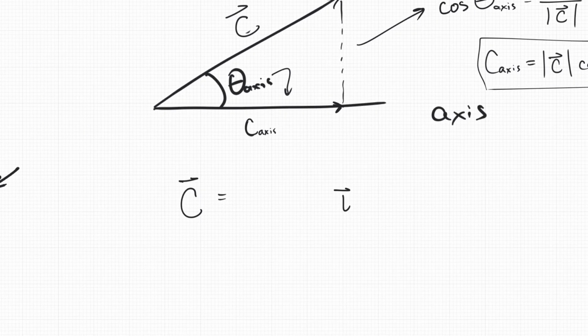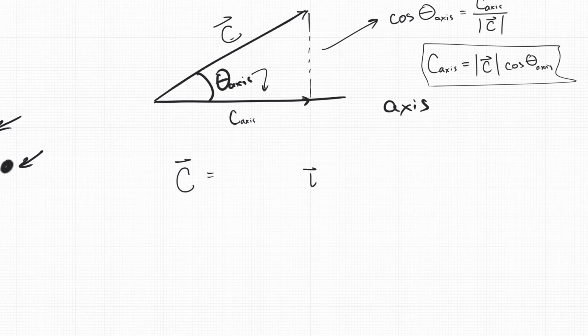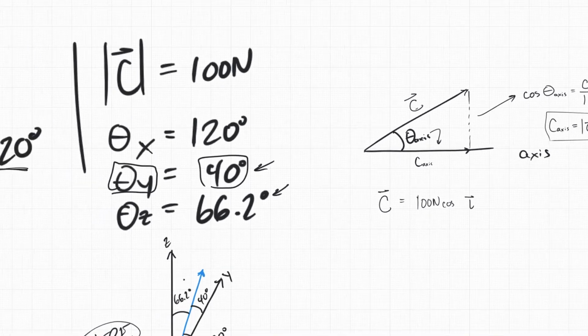So C equals, in this case, 100 newtons times the cosine of, what was it in the x direction? 120.